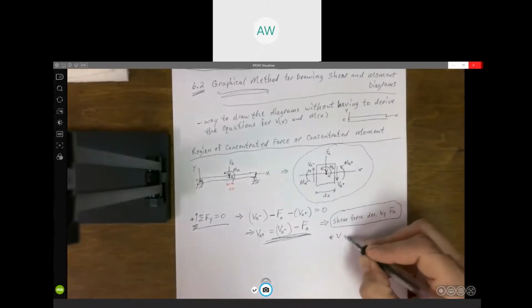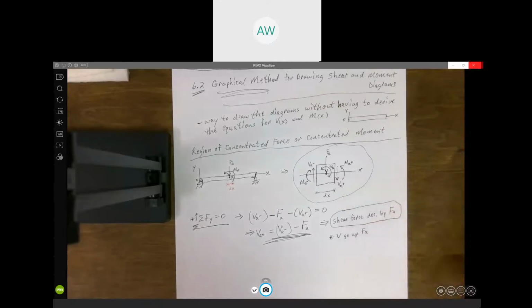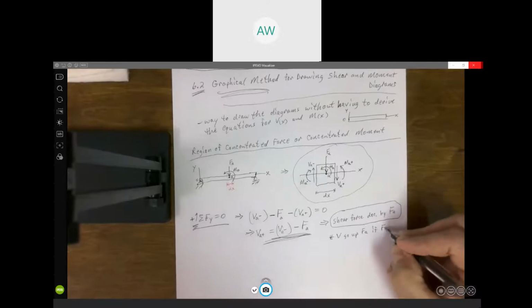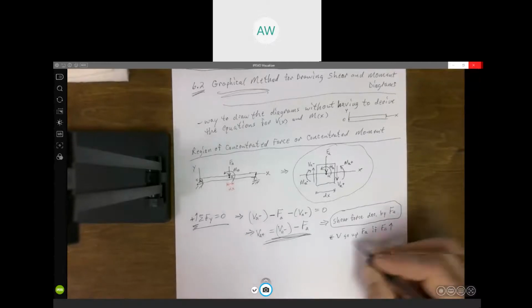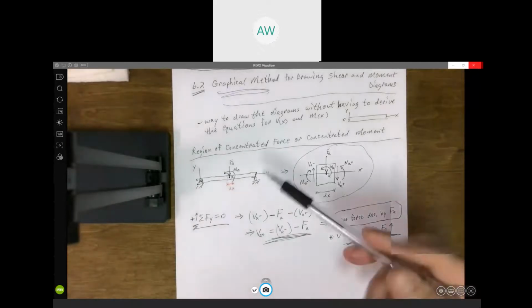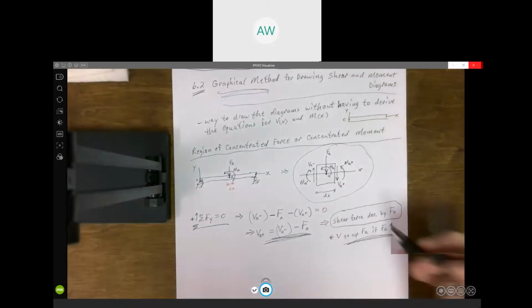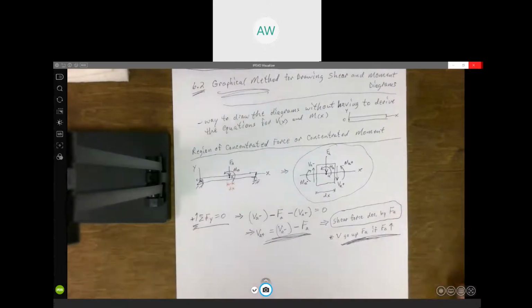V would go up by whatever FA is, if FA was directed upward. There's no need for me to go through this exact same thing with the applied load FA going up. The opposite is going to happen. It's going to go up by whatever that applied force is.